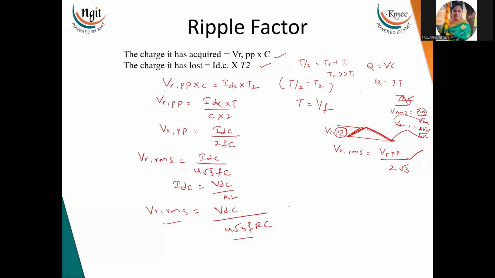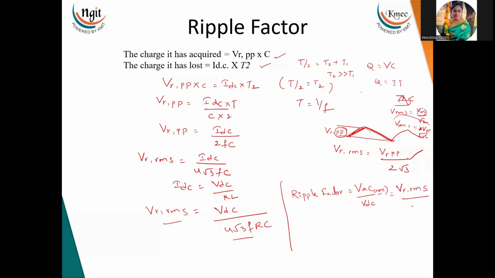Now what do we want? We want the ripple factor. What is the formula for the ripple factor? Ripple factor is equal to VAC divided by VDC, and we want the VAC RMS value, which is nothing but VR RMS, the AC RMS value.